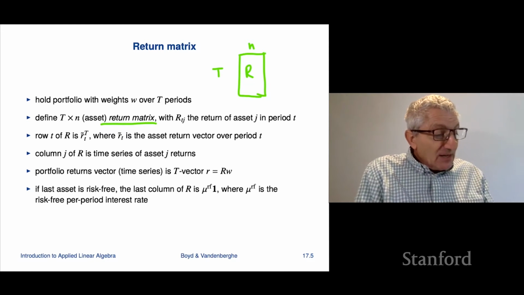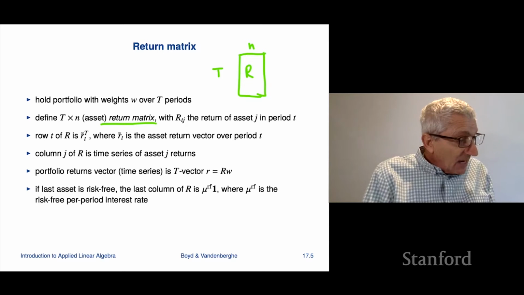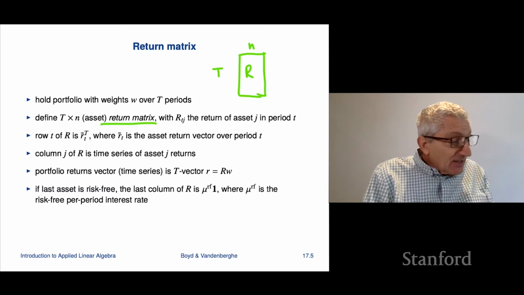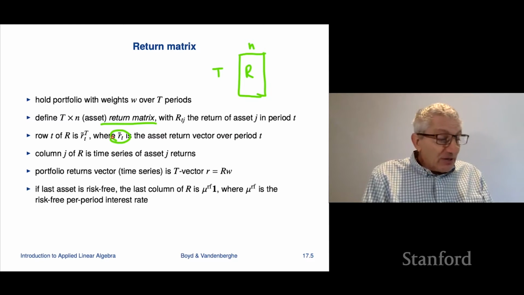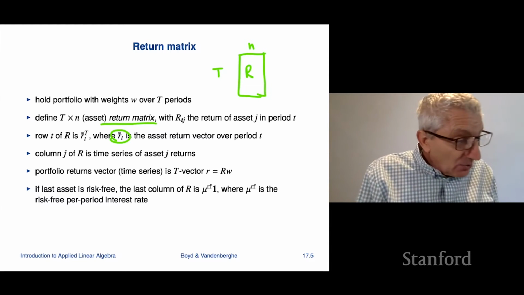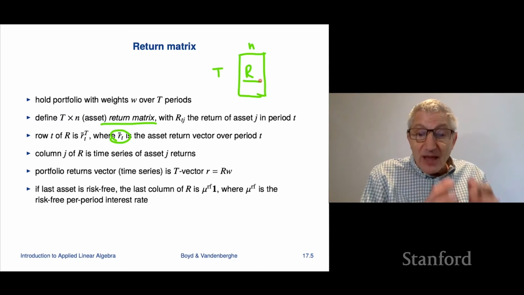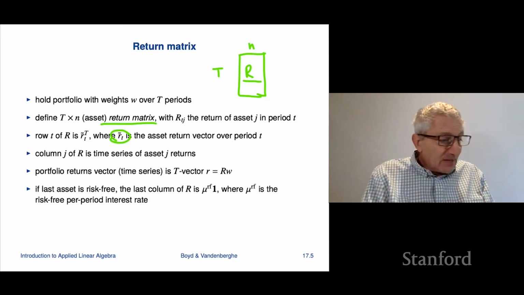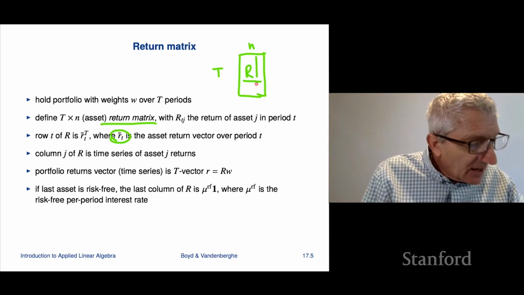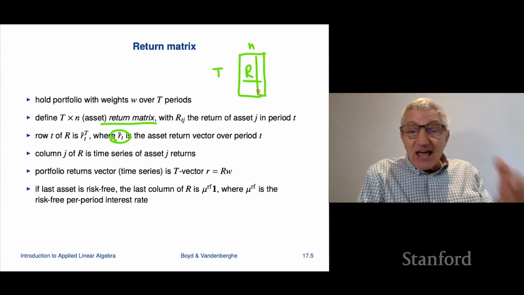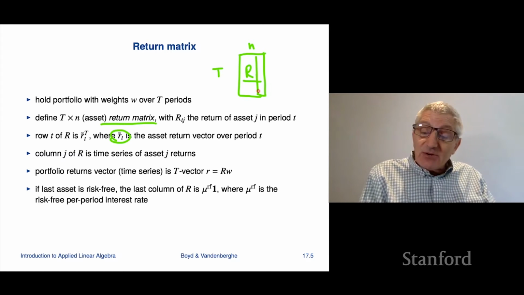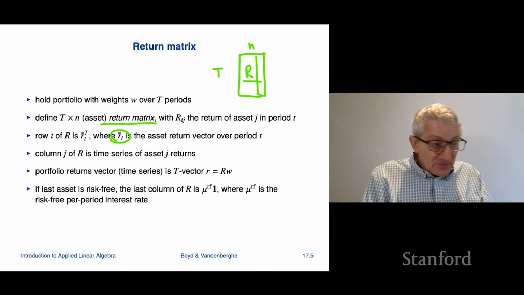Each row here is actually the transpose of the return vector over period t. So a row would tell you how all the assets did on that particular day. Now, a column is super interesting. A column focuses on a single asset, and it tells you the time series of its returns.